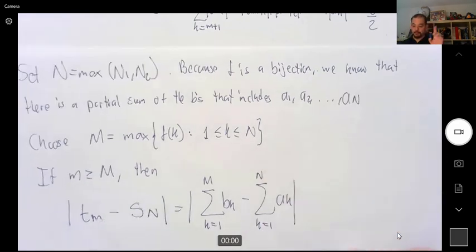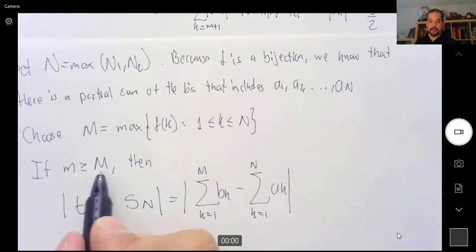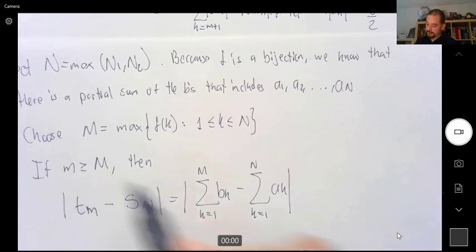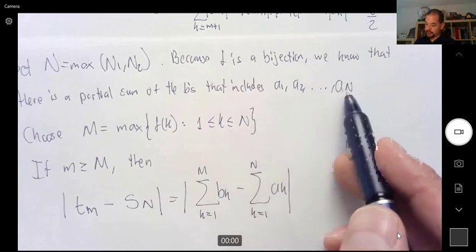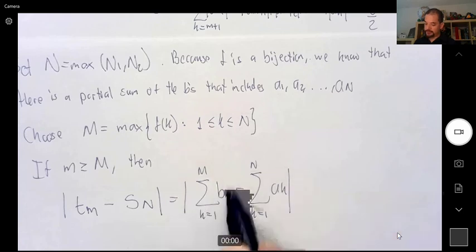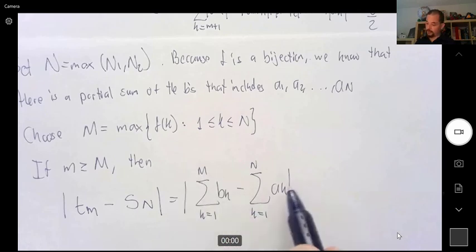Right? But now remember what we said, the way we picked the capital M. We picked the capital M in a way that all of these numbers here, all the numbers A1, A2, all the way to AN, all of them are included in this sum. And of course, there's more stuff here. So this one is bigger. This one has more stuff. It has all the elements in here and then more other stuff.